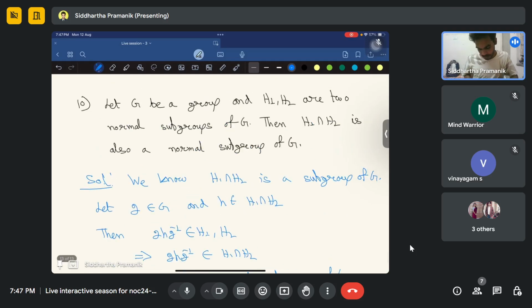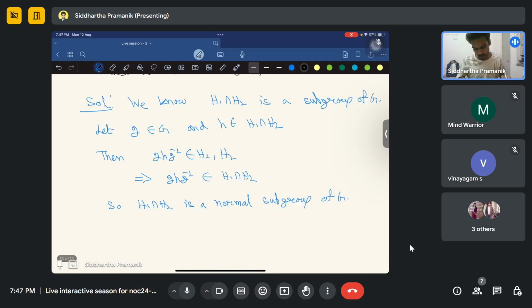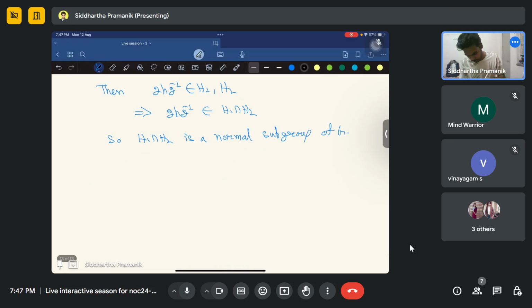And the fact is you can take any number of subgroups, not only two, any arbitrary number. So I will just put that as a remark. So the above result is true for arbitrary intersections also.